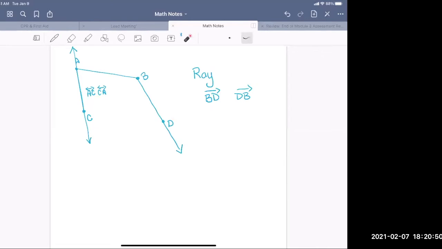Okay, the next thing you need to do is draw point E. Make sure point E does not lie in line with ray BD, line segment AB, or line AC. I'm going to put E right here.